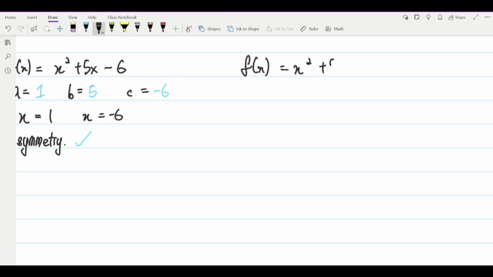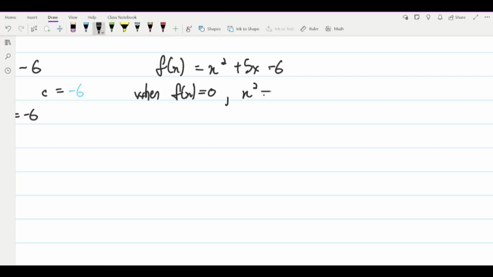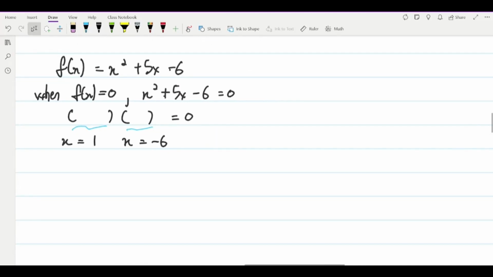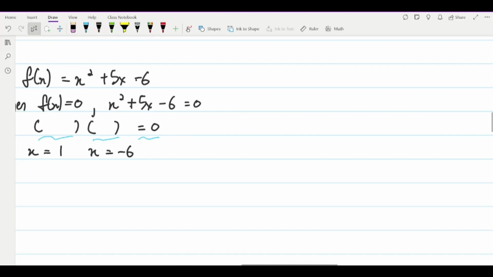For example, you must write when x equal to 0, x squared plus 5x minus 6 equal to 0, and the two columns equal to 0, and finally you write the answer you get from the calculator. So what should be written in here? Okay, so you see here is equal to 0, right? So using the value we get from the calculator, we want to let here become 0.